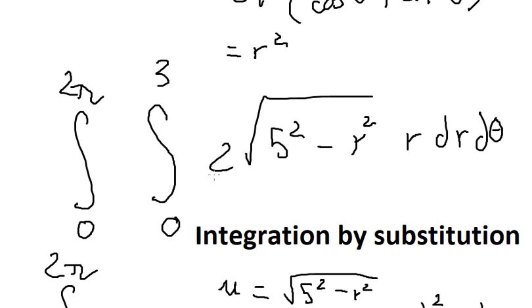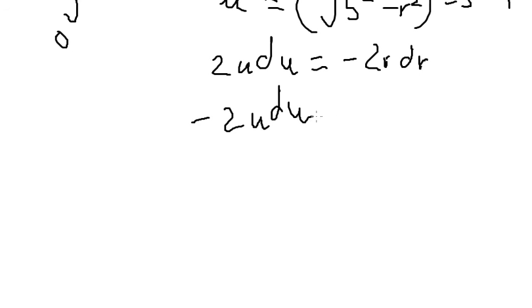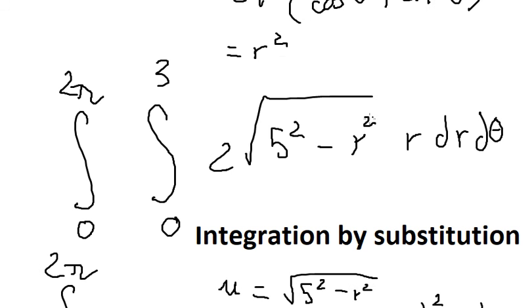Because we just have 2 dr, we just put negative, go to the left, and we need to change the bounds in here.